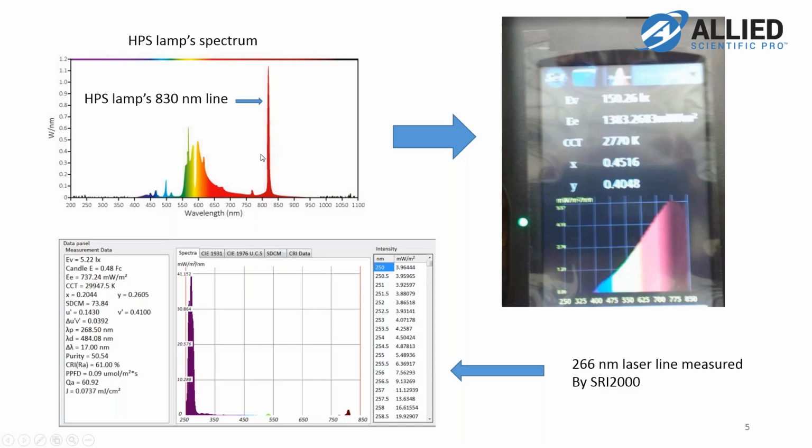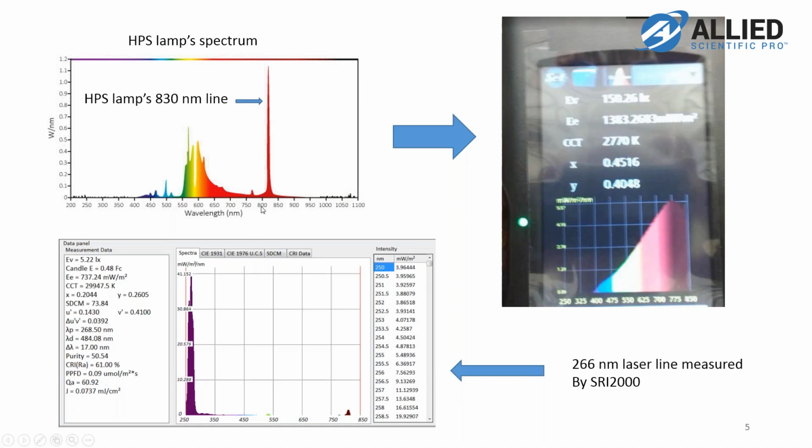Who knows what the effect of near infrared light is on plants. If somebody wants to research this, this would be a really good tool. At the low end, I measured a 266 nanometer laser with the SRI 2000, at the end of this scale towards the left, and you can see the laser peak at 266 nanometers. That is even the UVC region.